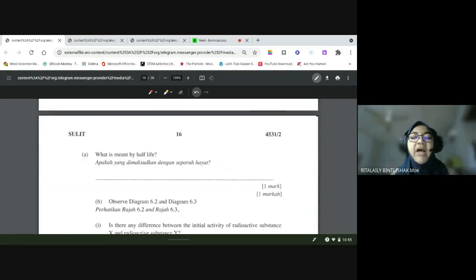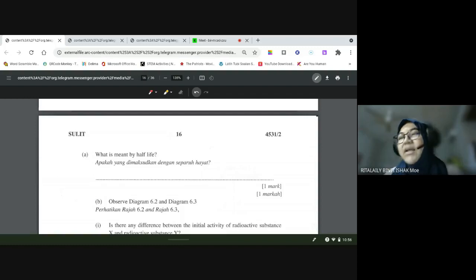Half-life. Okay, sekali lagi definition. So what is half-life? Yang lengkap. Time taken for half of atom to decay. Salah. No. Time taken for half of atom to decay. Boleh lah. Ada apa lagi tak?